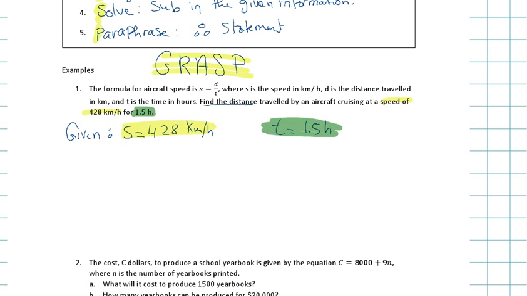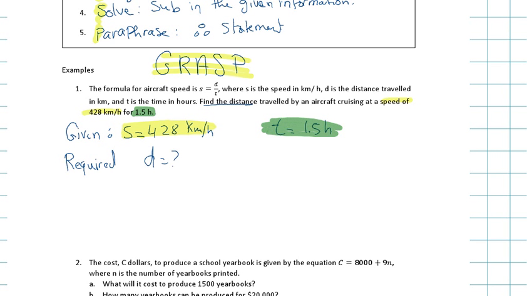So I wrote the given information. Now what's the question asking me to solve? The distance. So this is the required information, right? It's asking me to solve for distance. So I don't know what the distance is, and this is what I'm looking for.